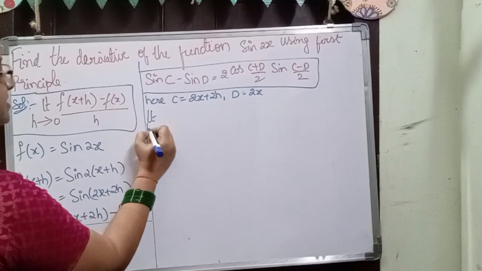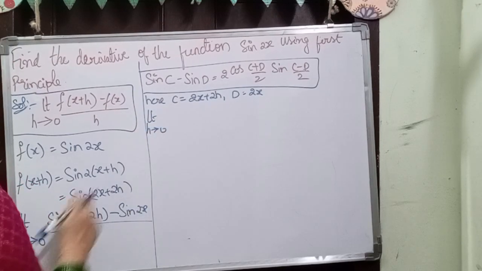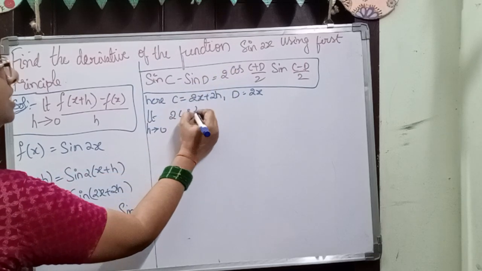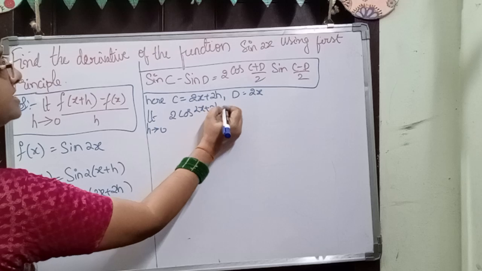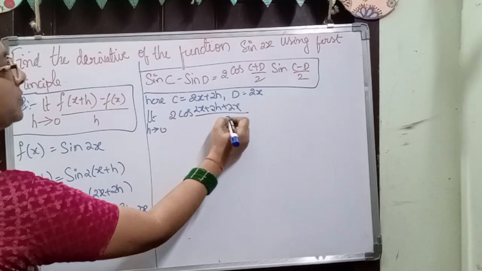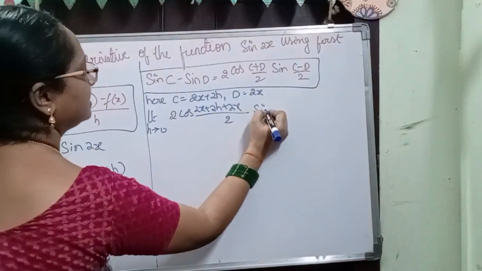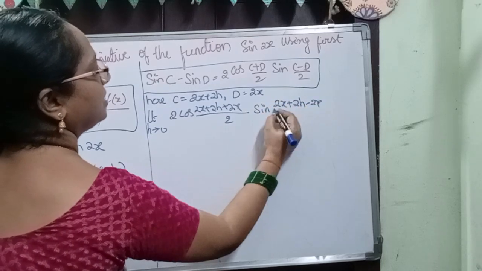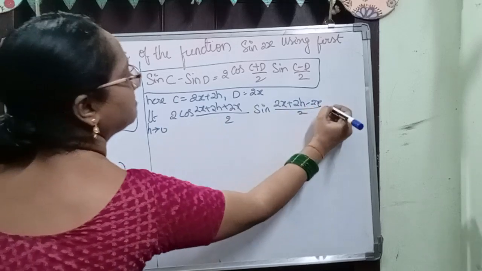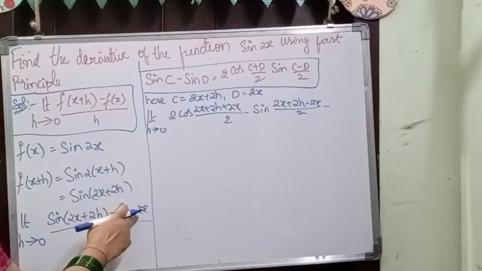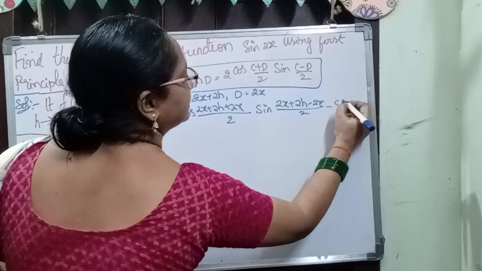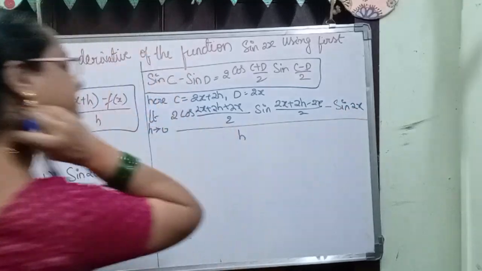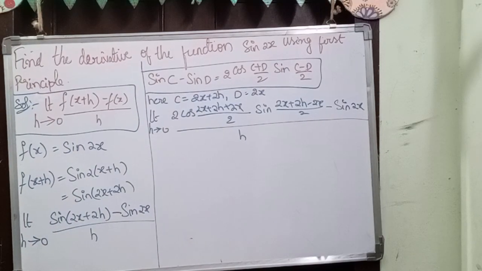So limit h tends to 0, this first one can be written using this, that is 2 cos of (2x plus 2h plus 2x) by 2 sine of (2x plus 2h minus 2x) whole by 2, minus sine 2x, whole by h.